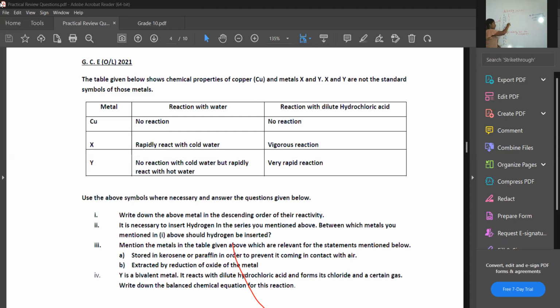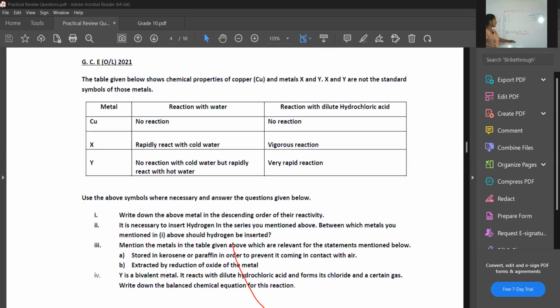So we need this series to determine the extraction method of these metals. We know that most of these metals we cannot find as pure metals, in soil or in marine water or anywhere.